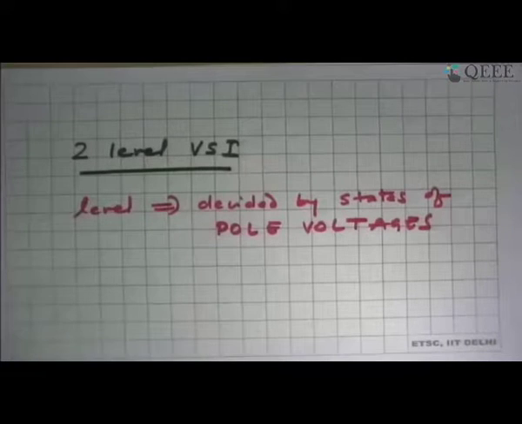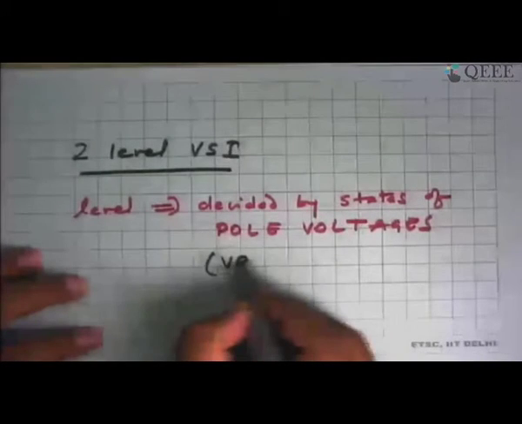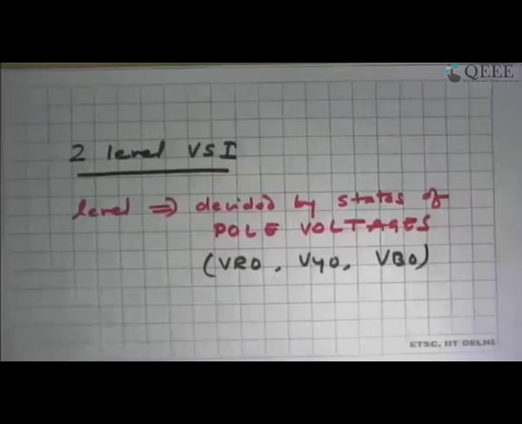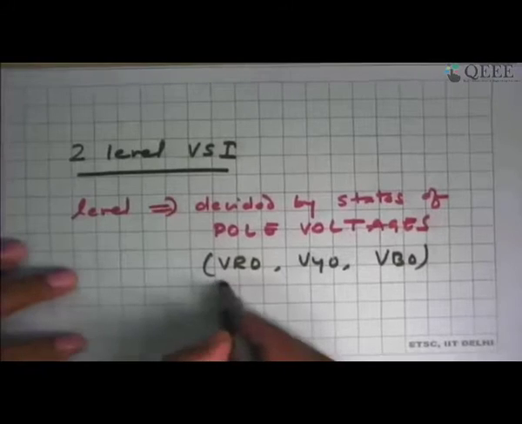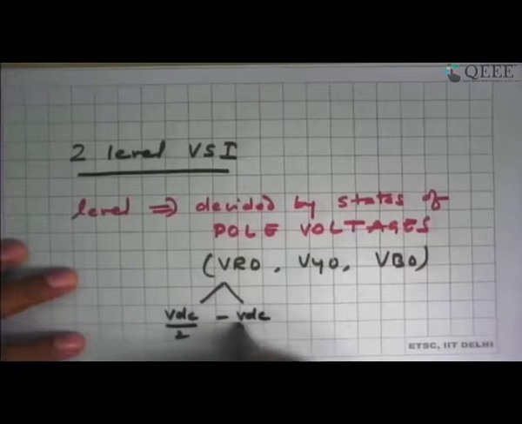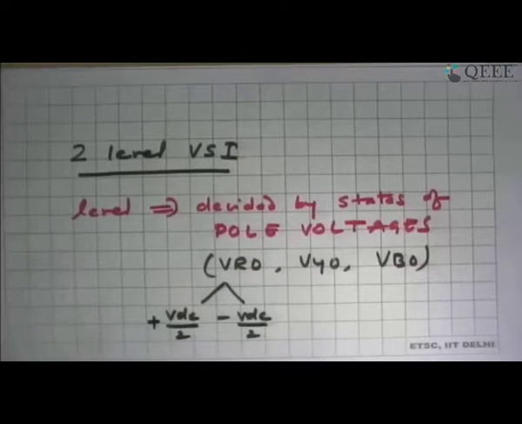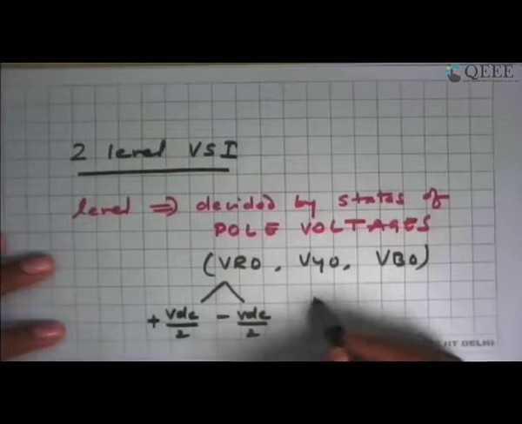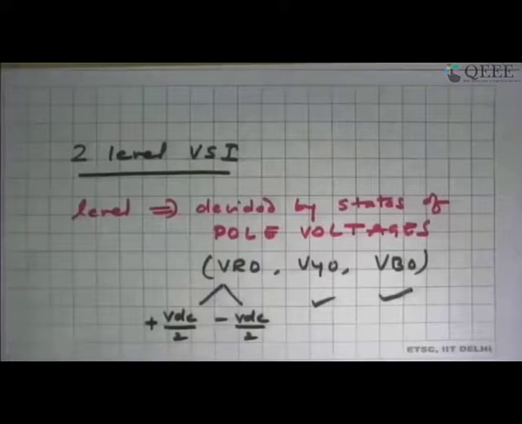So in case of two-level, you generally have only two possible states for the pole voltage. This is true for every phase, and because of this, it is called a two-level inverter.